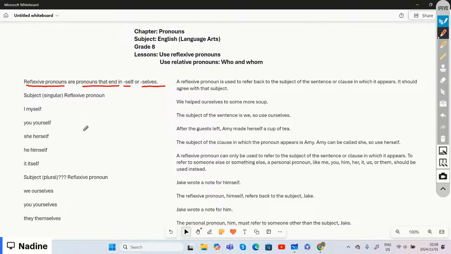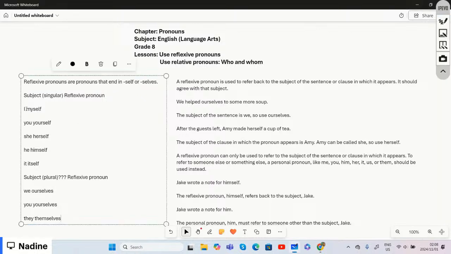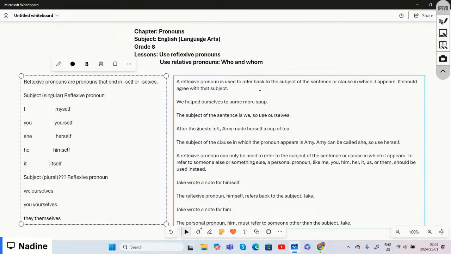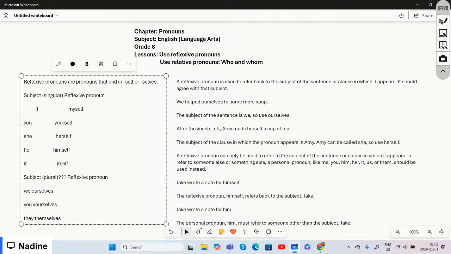For example, just to make it a bit easier: when it comes to reflexive pronouns, we have singular subjects and plural subjects. Both singular and plural subjects need to refer back to their reflexive pronoun.